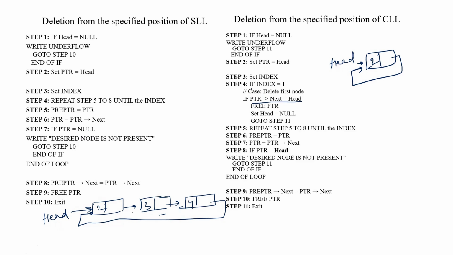If ptr to next is equal to head, here is your ptr. Why here is it ptr? Because of step number 2, ptr is equal to head. So ptr to next is equal to head means you will simply do free ptr. And we will set head is equal to null and go to step number 11. It means we don't have anything left now because head is null.